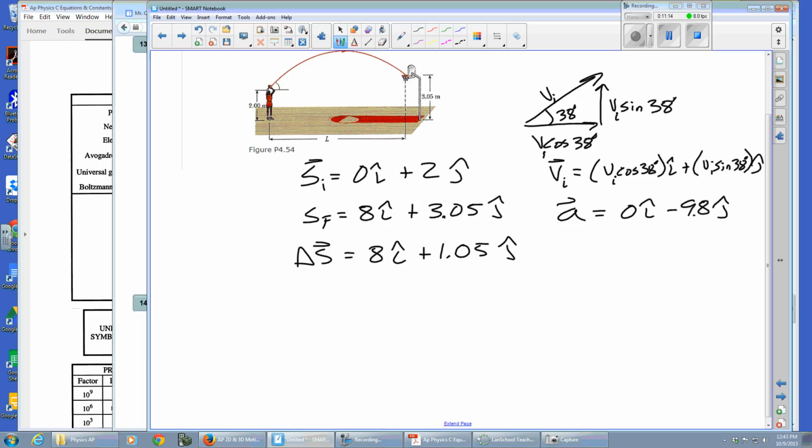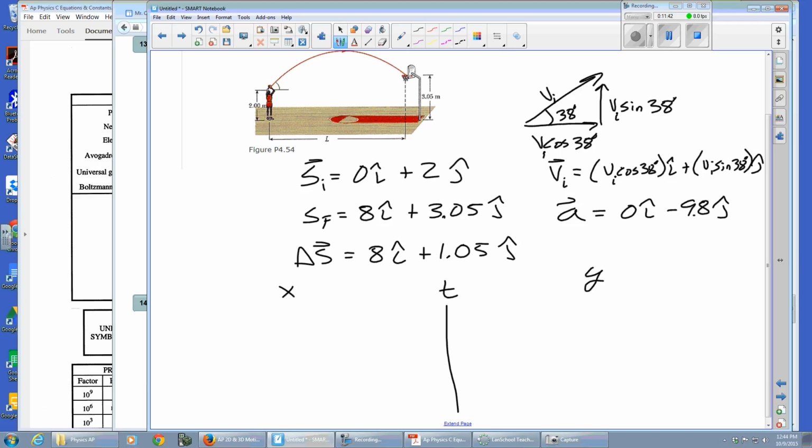And I think just for clarity, I'm going to break it into separate i's and j's rather than doing it together. I think it'll be less confusing if we separate it. Yes? No? So let's go right down the middle, x and y. The only common thing here is time. And time is in common.